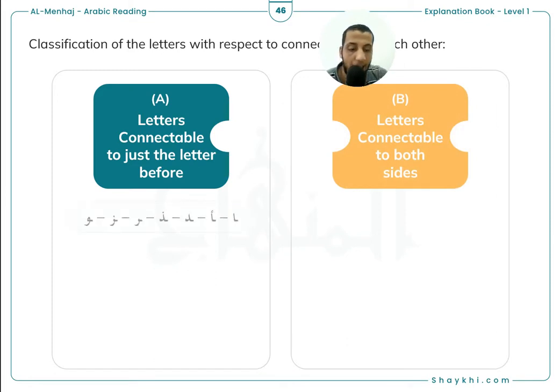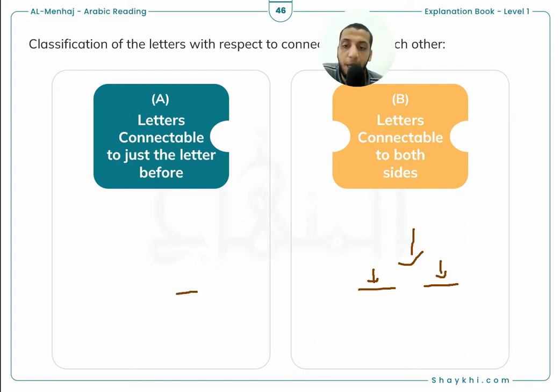The second category are the letters that are connectable to both sides, which means that if this letter is in the middle of the word, it would be connected to the letter before it and the letter after it. I know now that this might be unclear. For this reason, we will clarify all things now.